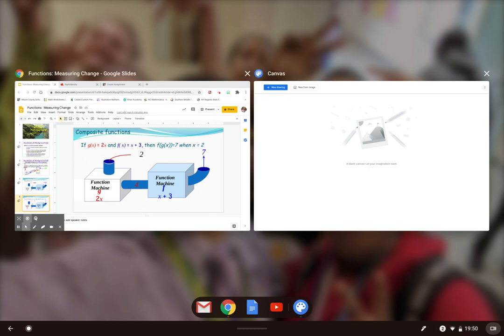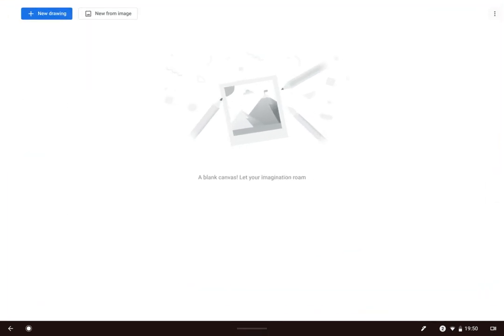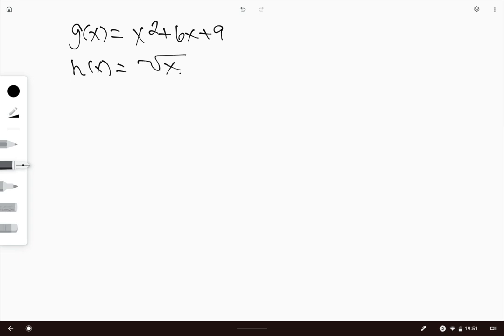So let's go over here to our Canvas board. I'm going to write two functions here. Let's write g of x equals x squared plus 6x plus 9, and h of x is going to equal the square root of x minus 10.